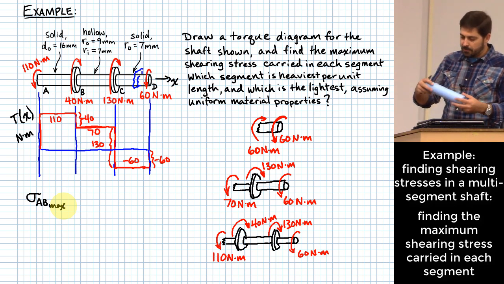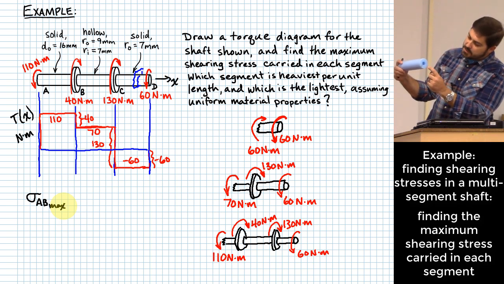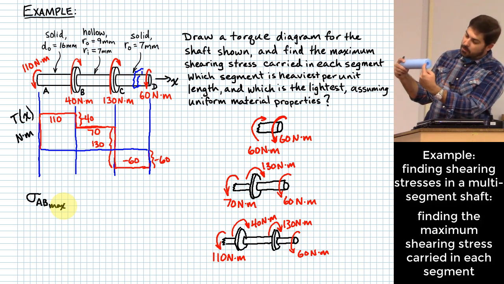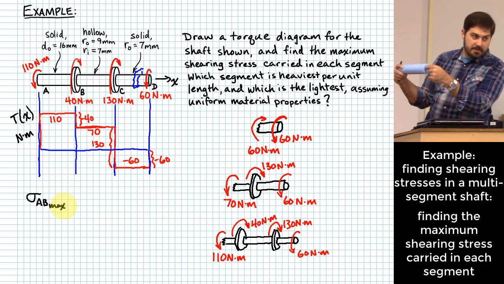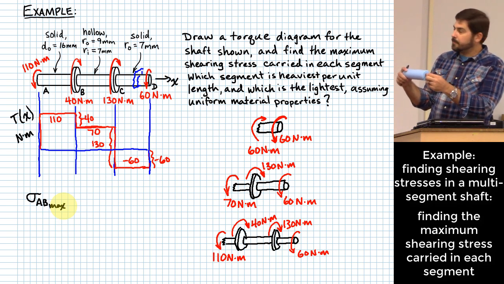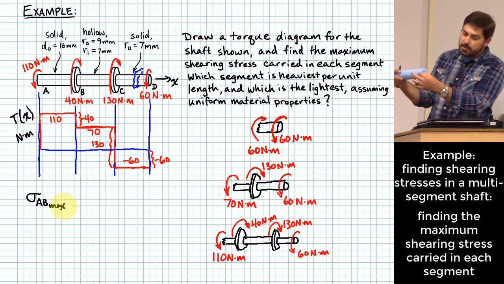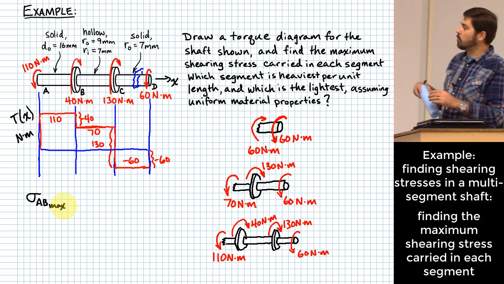It's a very good way of putting it, right? As I twist each one of these segments, it reaches its worst stress on the very outer surface. And as you go inward to the center of the shaft, you have less and less stress, right? So one of the ways of looking at that is that the outer surface is doing most of the work, right? It's doing most of the job of carrying these torques.